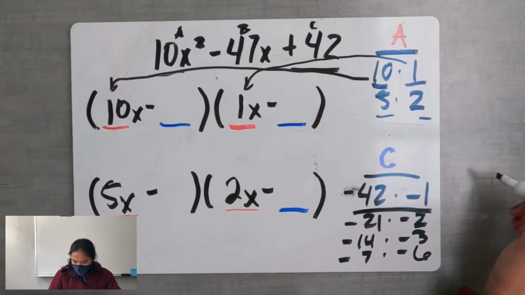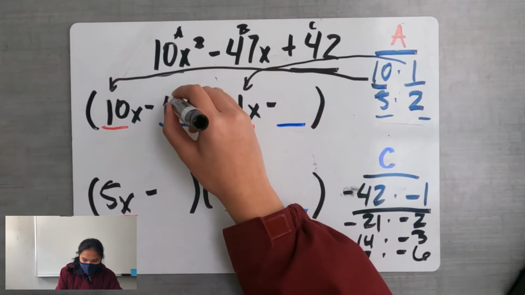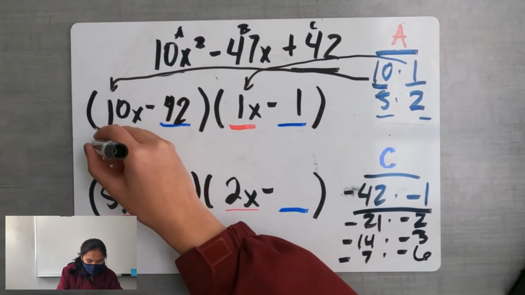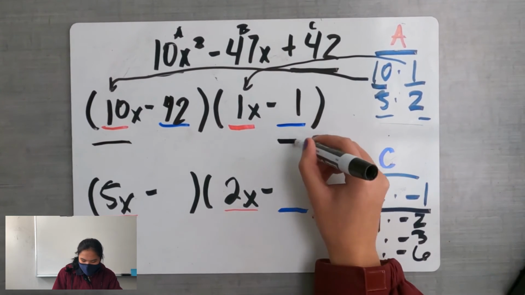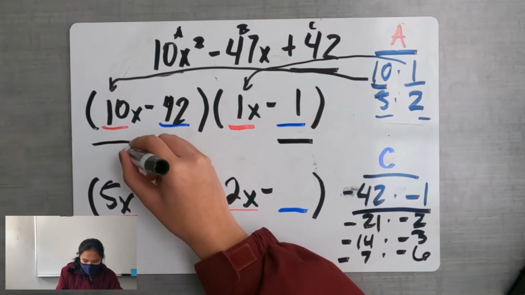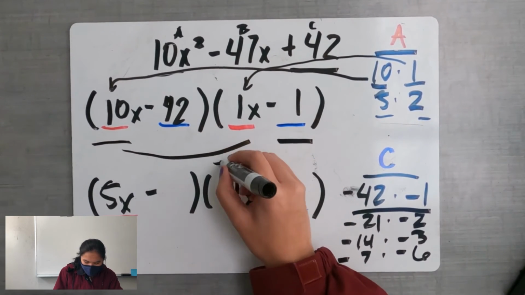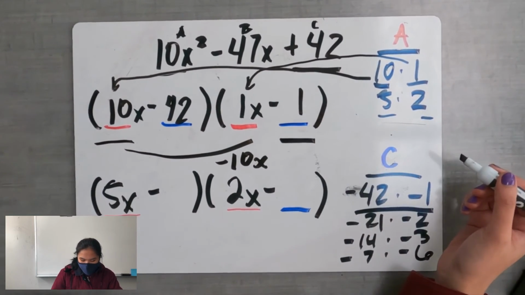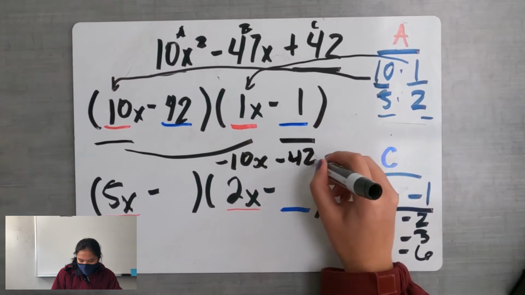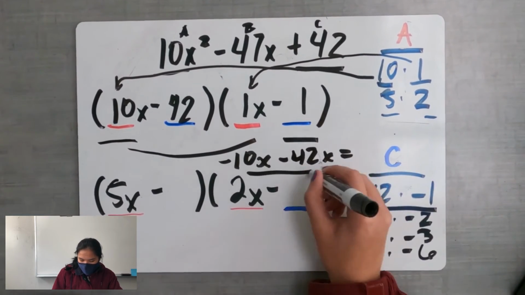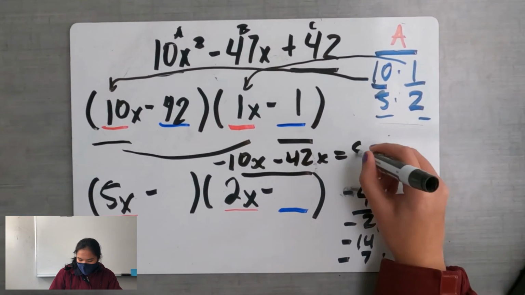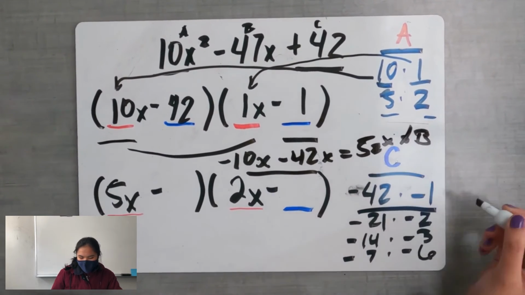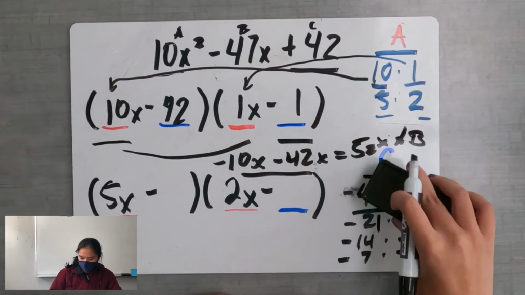So we could try 42 and 1. If you multiply 10x and negative 1, you would get negative 10x, and negative 42 times 1 is negative 42x, and that wouldn't really equal B. So we would eliminate this.